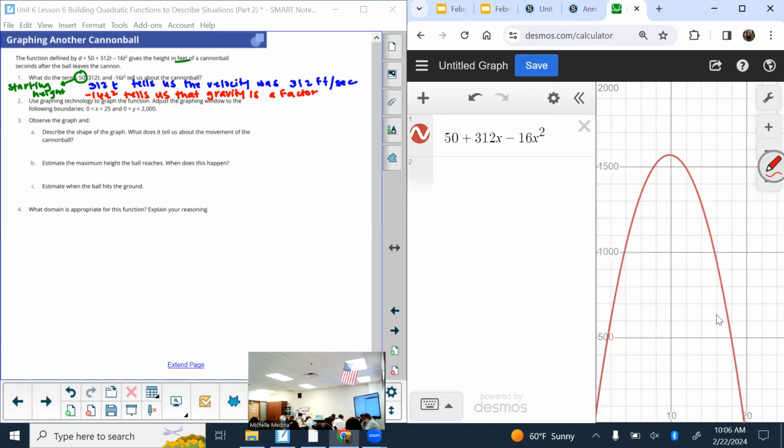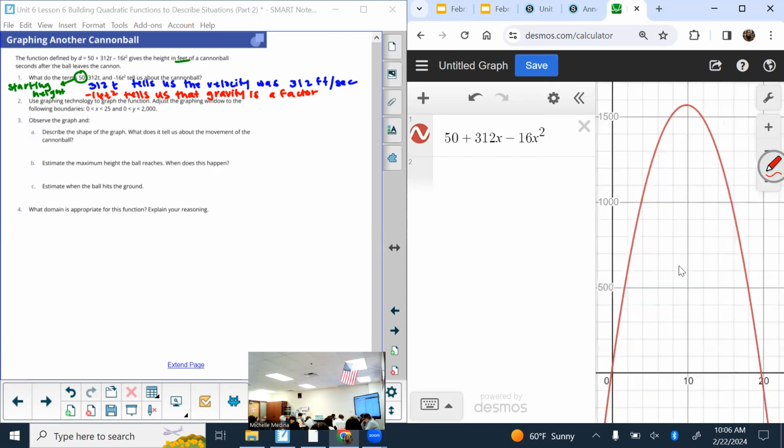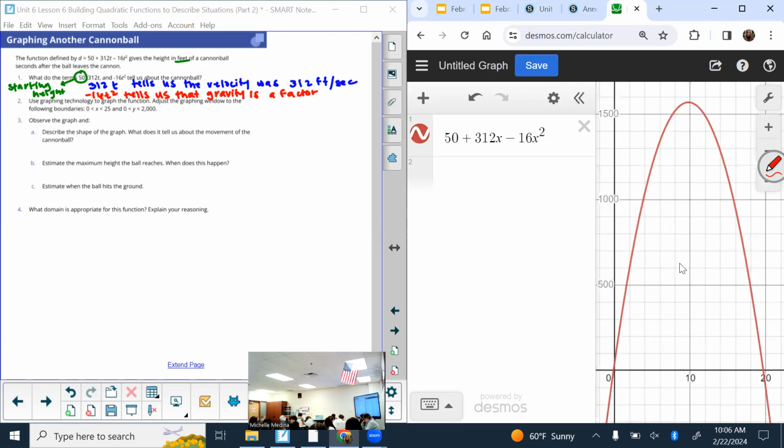That helps us see it a bit better so that we can answer the rest of the questions. So table 4, what's the graph tell us about the movement? Don't overthink it. How did the cannonball move according to the graph? It went up and then back down.